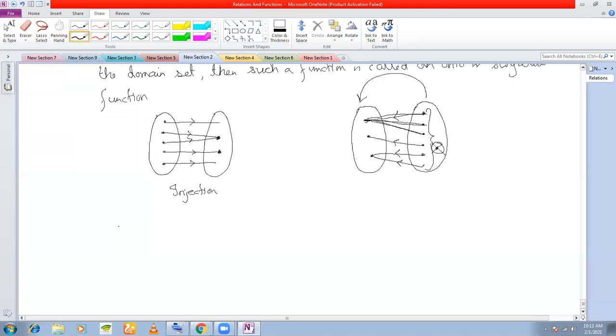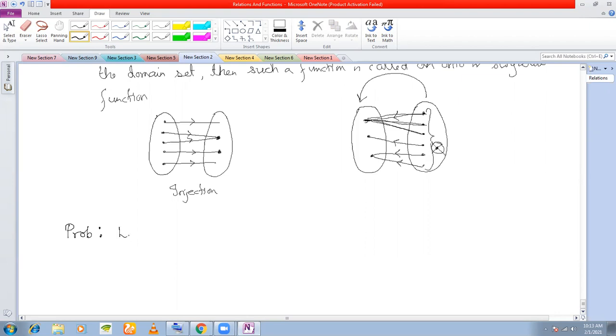So how to show whether a function is onto? Again, a problem here to show a function is onto. Let us illustrate this with the help of a problem. There is no hard and fast rule, just like in your injective function, f(x1) is equal to f(x2) implies x1 is equal to x2. Mathematically, there is no particular rule for surjective functions. You can learn this with the help of a problem.